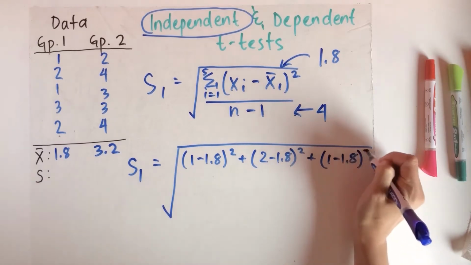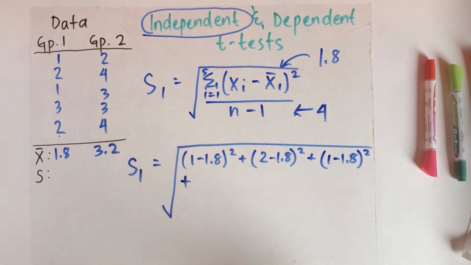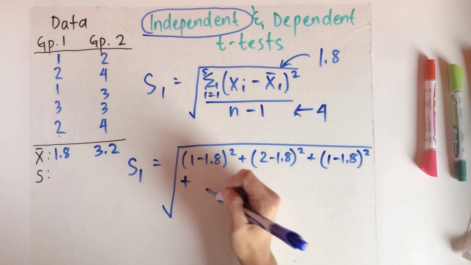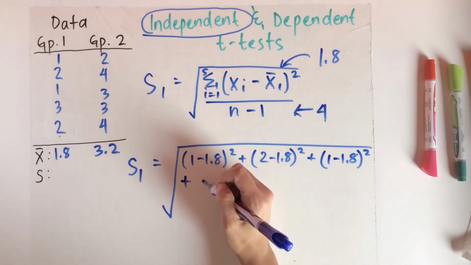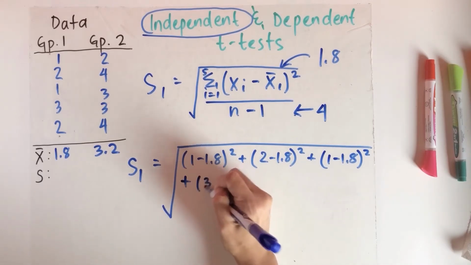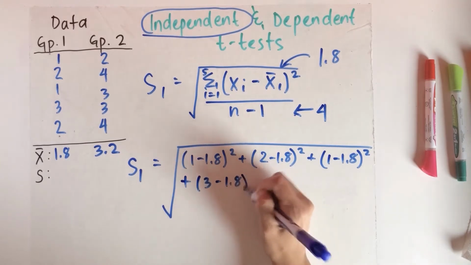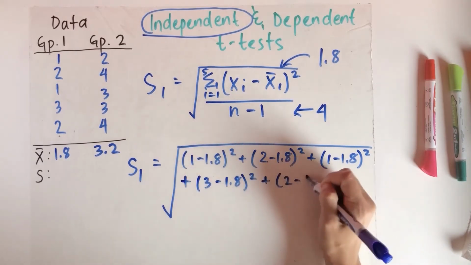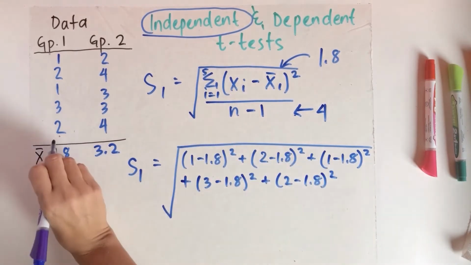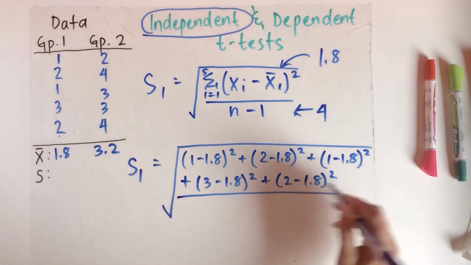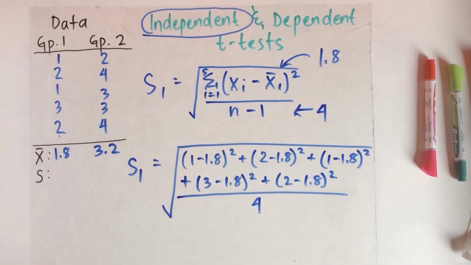We have 1 minus 1.8 again, and since I'm running out of room, I'll just stick this all on 2 lines. I think you know exactly what I mean though. 3 minus 1.8 squared, and another 2 minus 1.8 squared. Perfect, and that whole thing, as we discussed, is divided by 4.